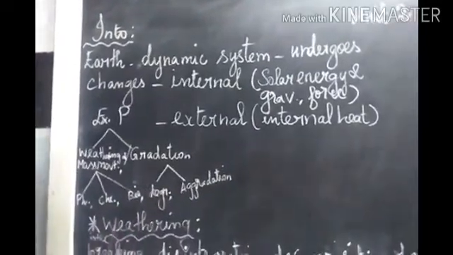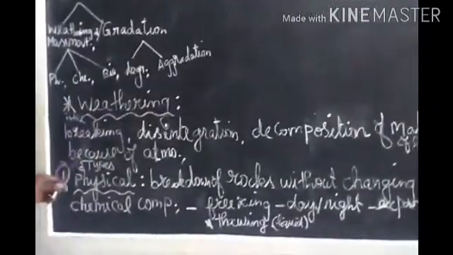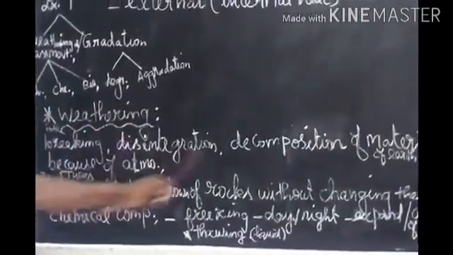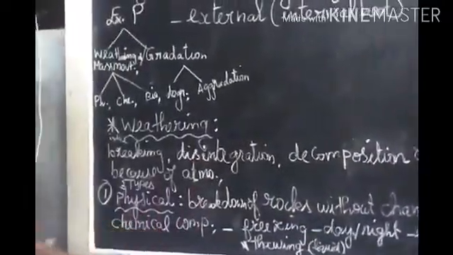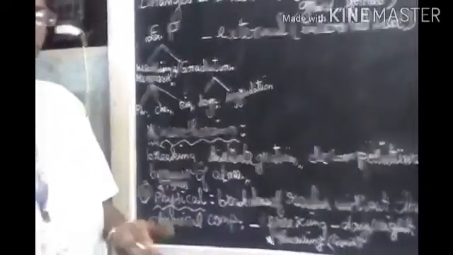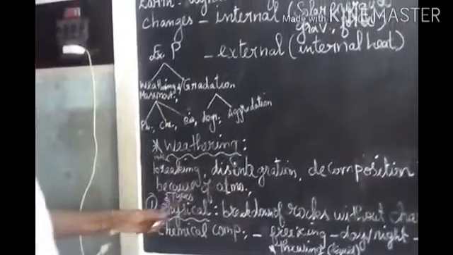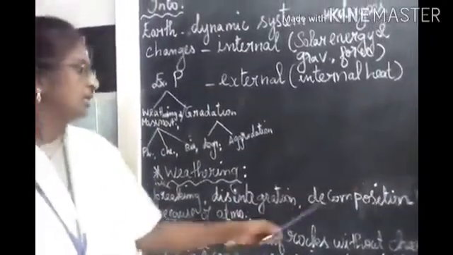Now, let us study what is weathering. Weathering is the breaking, disintegration and decomposition of material of the earth crust because of the atmosphere. What is breaking? Breaking means going into different pieces. Disintegration, change from one form into another form.